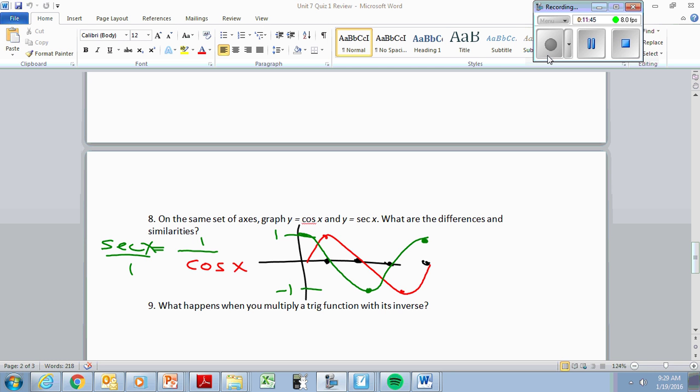So I'm punching in y equals 1 divided by cosine x. Close it up. Hit enter. Graph. Mine says invalid.